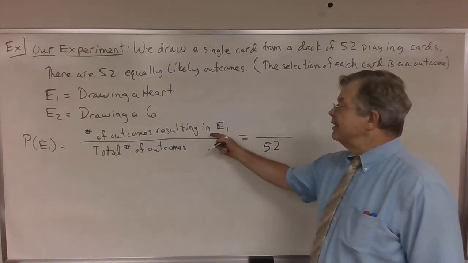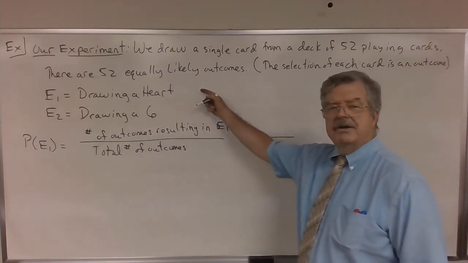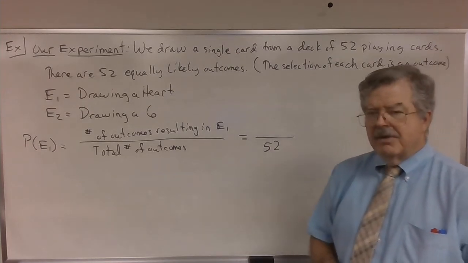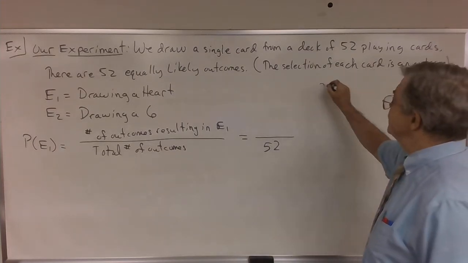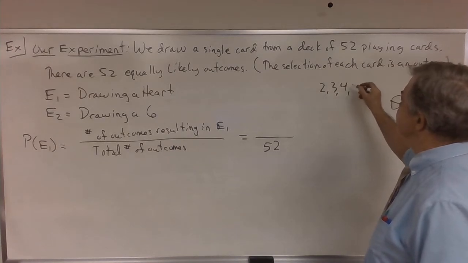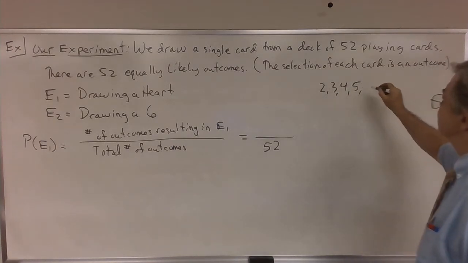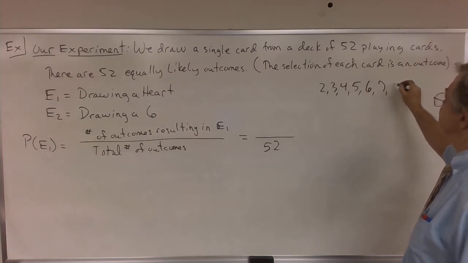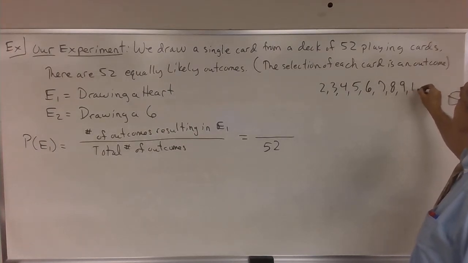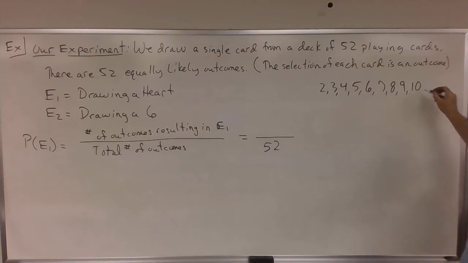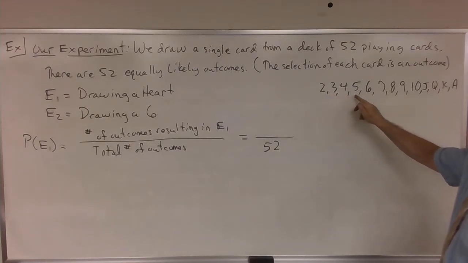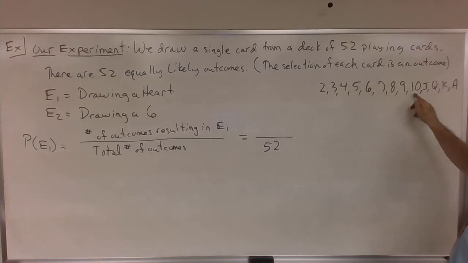Now, the number of outcomes that result in E1, drawing a heart. Well, let's see. We can get the 2 of hearts, the 3 of hearts, the 4 of hearts, the 5 of hearts, the 6 of hearts, the 7 of hearts, the 8 of hearts, the 9 of hearts, the 10 of hearts. We can get Jack, Queen, King, Ace. So let's see, 1, 2, 3, 4, 5, 6, 7, 8, 9, 10, 11, 12, 13.